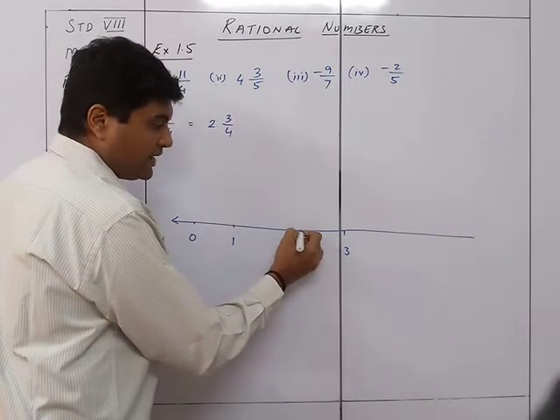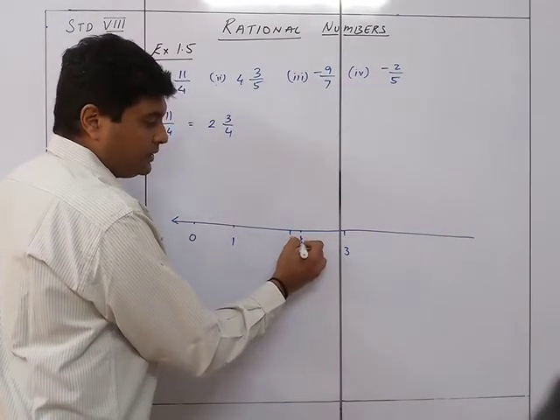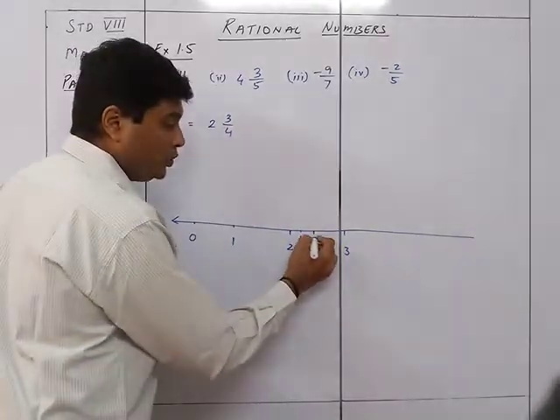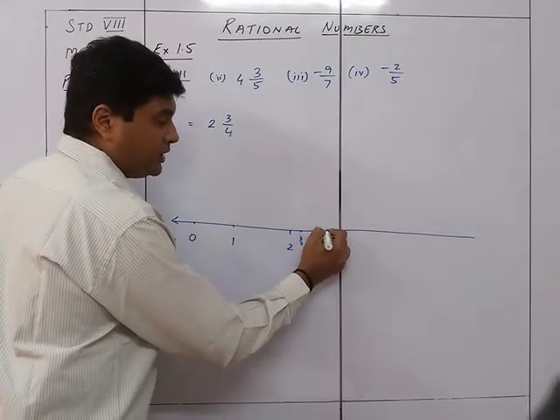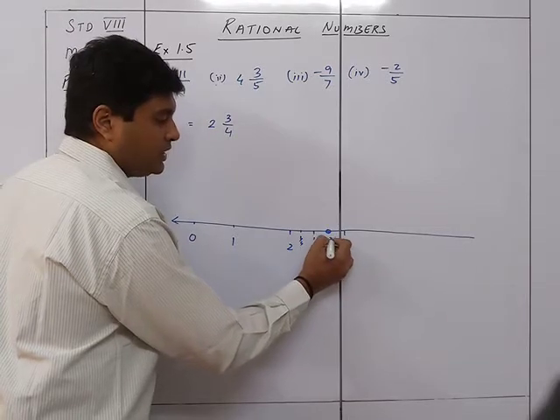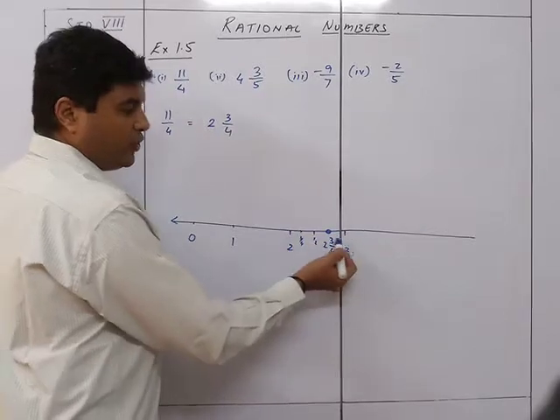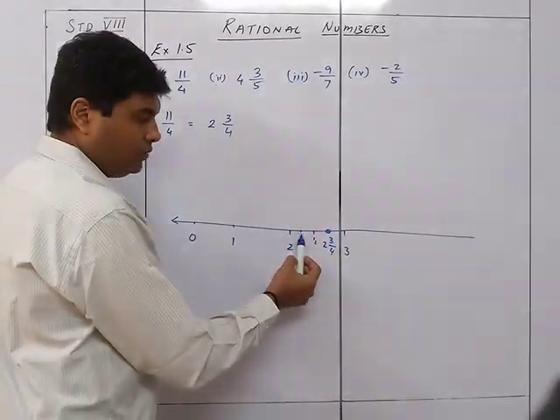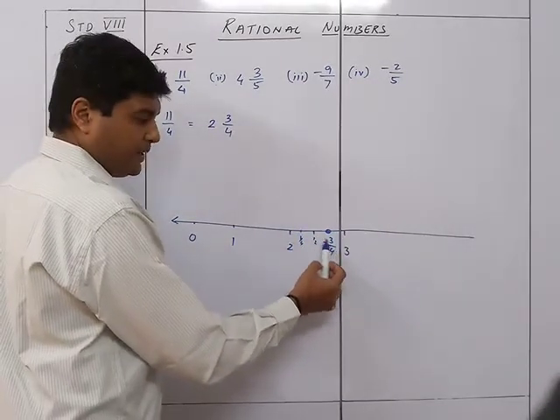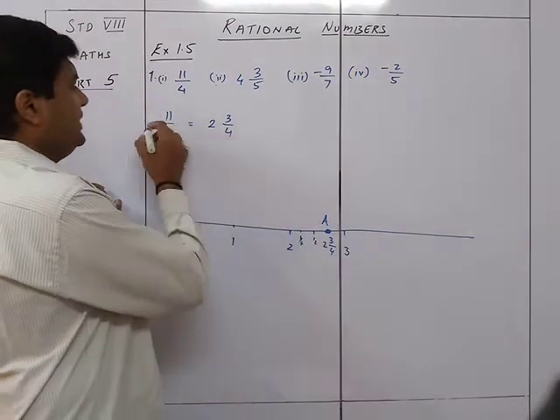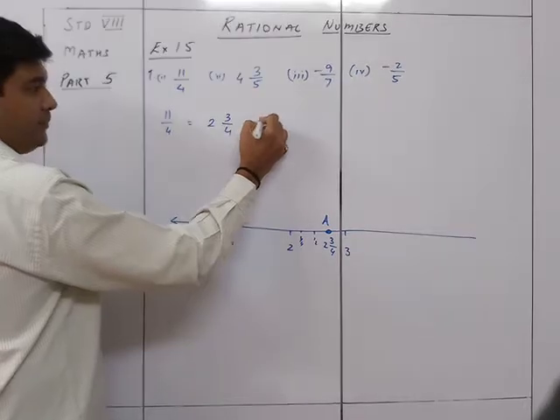So this part will be 2 1 upon 4, and then 2 upon 4 is 1 upon 2, and then this point over here is 2 3 upon 4. So you are dividing this into 4 equal parts: 1/4 part, half part, then 3/4 part. So this point is your answer A.